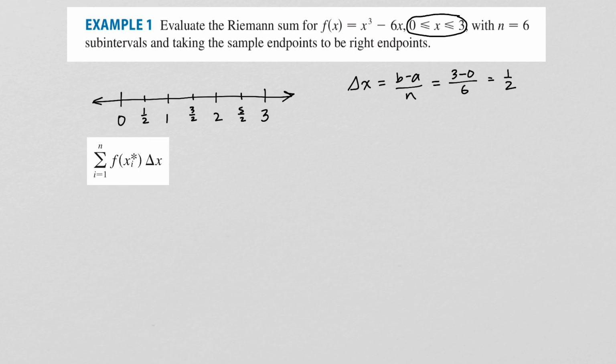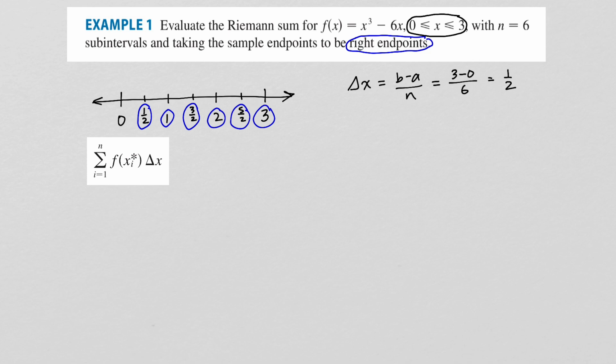So when we go to do our Riemann sum for this, our xi stars are going to be the right endpoints. And the right endpoints of all of these intervals are these 6 numbers. Remember, on the first interval here, the left endpoint is 0, the right endpoint is 1/2. So 1/2 is the right endpoint of the first subinterval. On the next one, 1/2 is the left endpoint and 1 is the right endpoint. So we're going to use 1 for the next one.